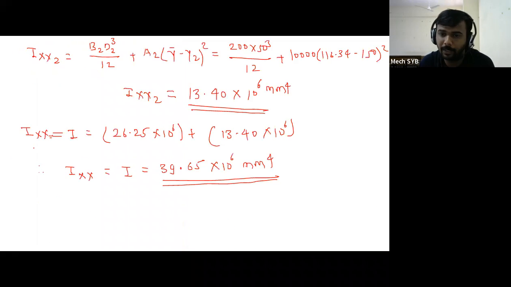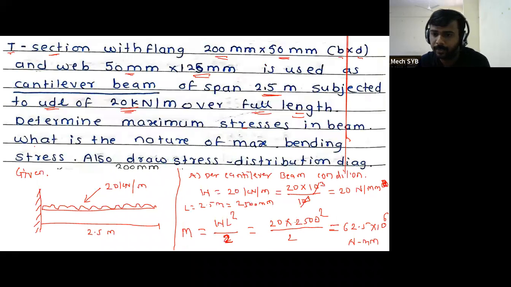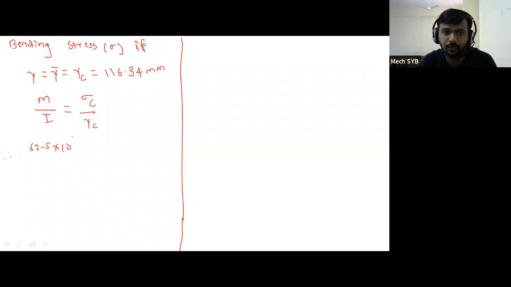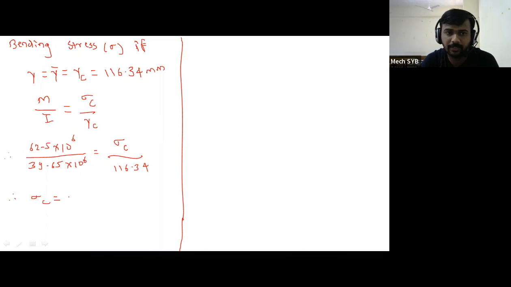M we have calculated. What is the value of M? 62.5 into 10 raised to 6 divided by 39.65 into 10 raised to 6 is equal to sigma c divided by 116.34. So sigma c is equal to 62.5 into 10 raised to 6 into 116.34 divided by 39.65 into 10 raised to 6.